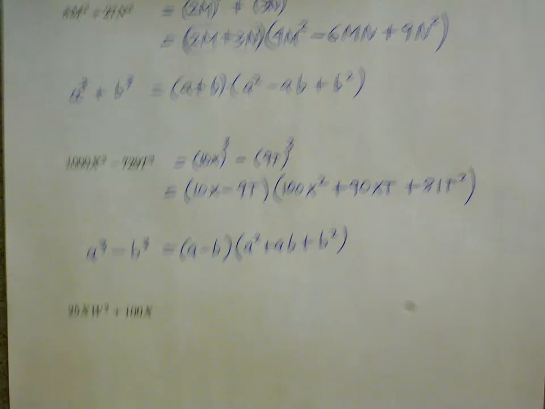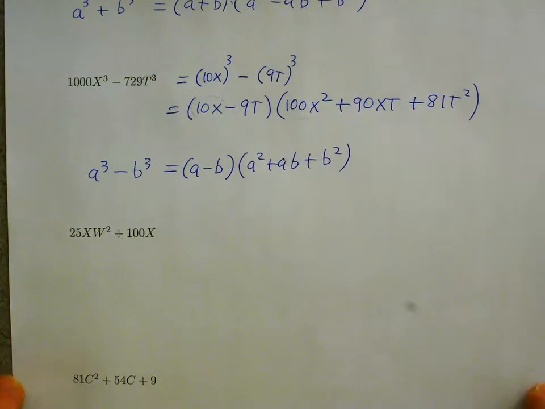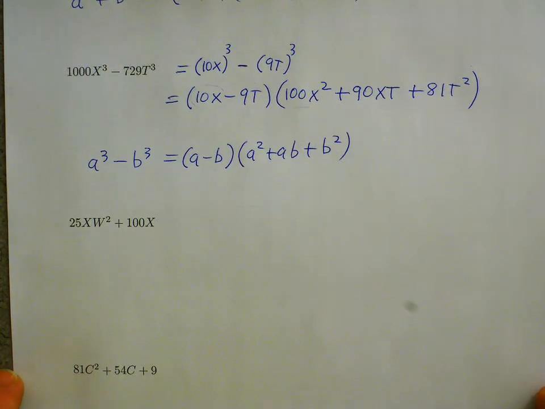Okay, the next one. What do you get for that? 25xw to the second plus 100x. What's the greatest common factor? 25x.